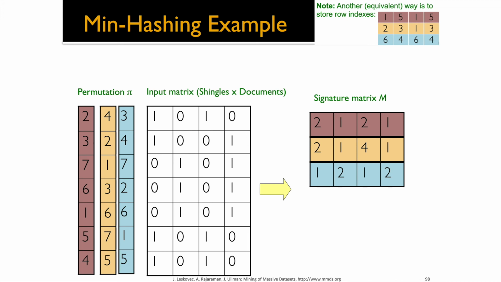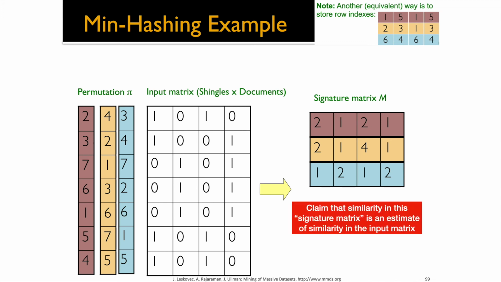You can do this for many permutations to get many samples of this min function. And you can re-index these different ways as long as you're consistent. So whether you're doing row indices in your permutations or some other indexing approach, as long as you're consistent, that's key. And the claim here is that similarity among columns of this signature matrix should equal similarity among columns of the input matrix.